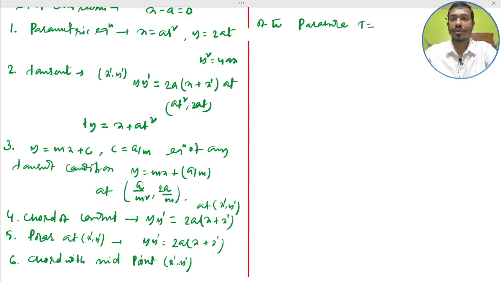That is T equal to S dashed, where T is equal to y y dashed minus twice a, x plus x dashed, and S dash is equal to y dash square minus 4ax dashed. Okay. Next, the equation of pair of tangents.